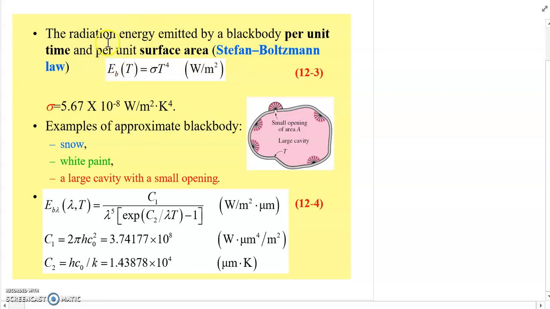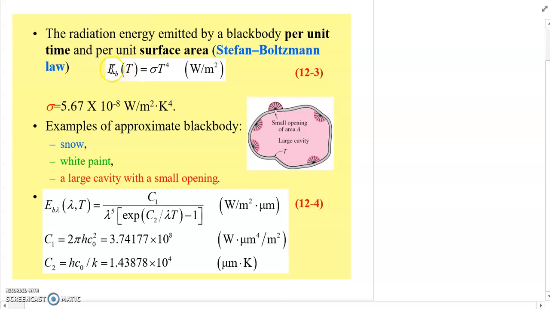The total radiation power, capital E_B, is equal to sigma times T to the power of 4, in watt per meter square. Sigma is 5.67 times 10 to the power of minus 8, and you have to make sure you convert your temperature to Kelvin before you start your calculation, because this formula is only valid for Kelvin.